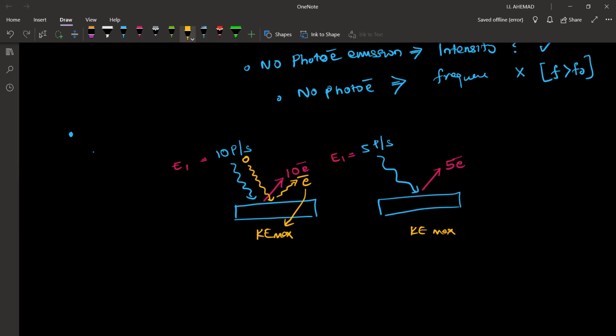Just because there are 10 electrons being released, will that change the maximum kinetic energy of a single electron? No, right? So the maximum kinetic energy is independent of intensity. It is independent, but dependent on frequency. Both of you are clear with that point?